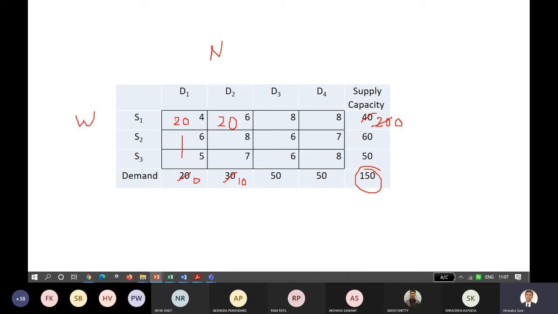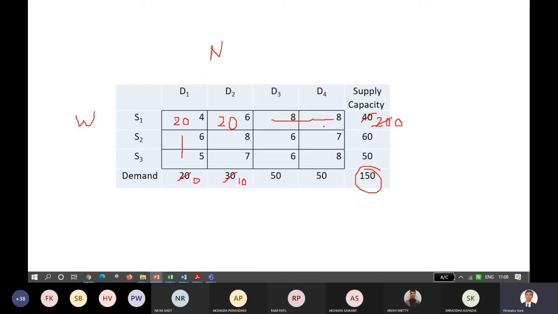That means it cannot supply to anybody else now, that means D3 or D4, so just cancel these cells. Clear? We will ignore these cells for further allocation.